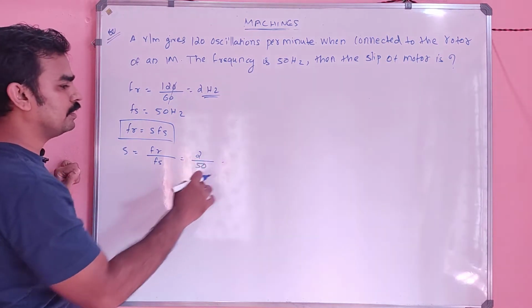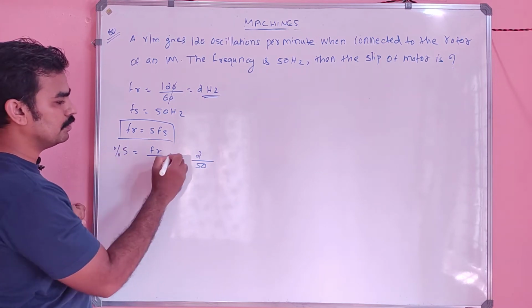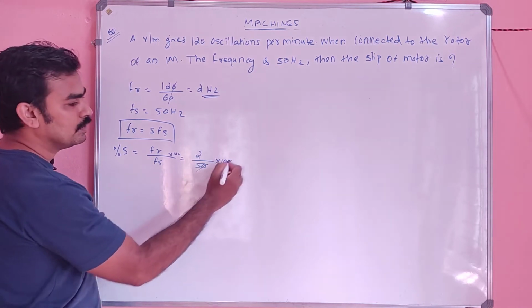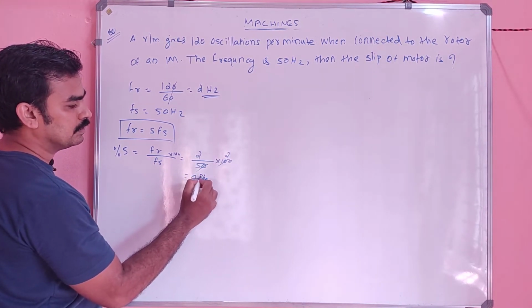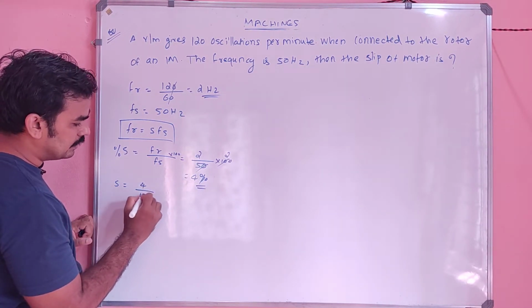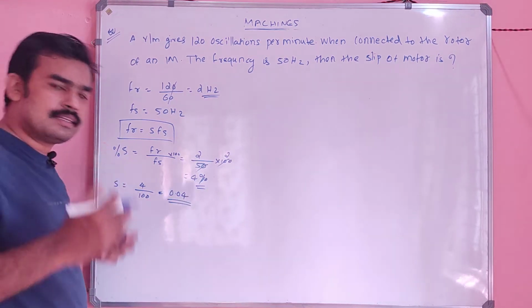Better you convert it to percentage slip. Percentage S will be equal to 2 by 50 into 100, the calculation will be very easy, so it will be equal to 4%. And slip S will be equal to 4 by 100, or simply 0.04. That is the answer, boss.